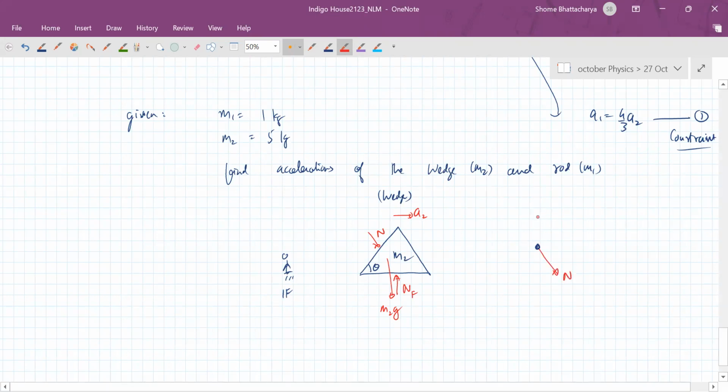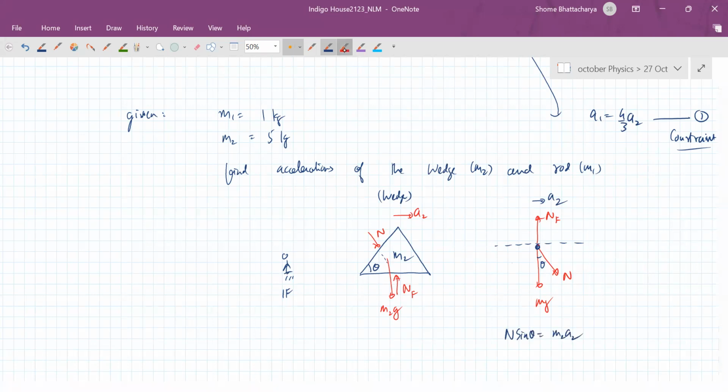The normal reaction that the floor will apply, and mg, these are the forces. We'll see that this angle theta here will be equal to this angle theta. So we have n sine theta is equal to m2 a2.